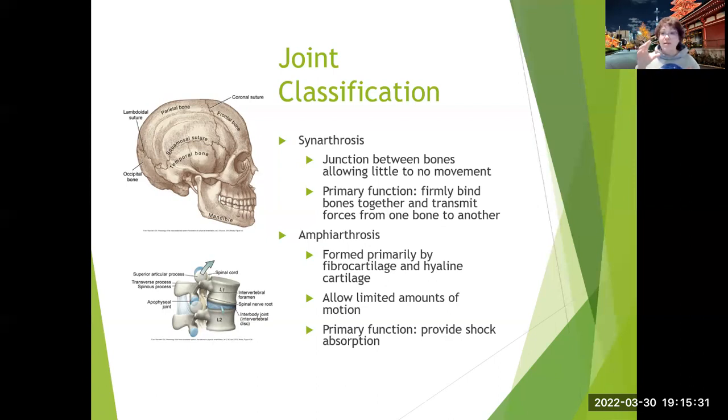The spine needs to disperse large compressive forces, and it's going to do that through this cushioning effect of fibrocartilage and hyaline cartilage combined. We're going to talk in detail about the spine later on, but the amphiarthrosis is a super important joint in our body.